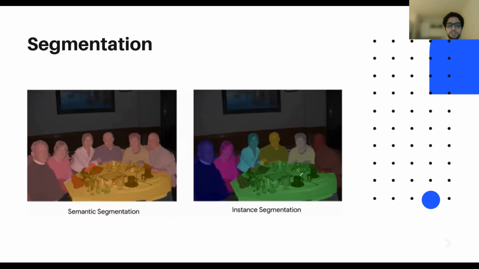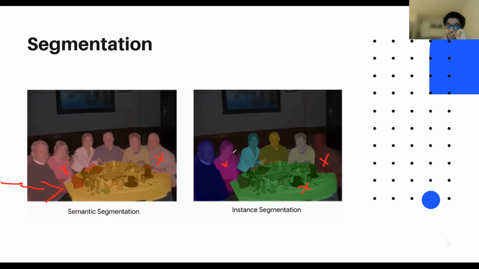Here the main difference is that objects of the same class are represented similarly. There is no difference between a pixel belonging to this person and a pixel belonging to this person, at least in the mask in our predictions, right? But for instance segmentation, this pixel belongs clearly to person number 1, this pixel belongs clearly to person number 2, and this pixel belongs clearly to table number 1.